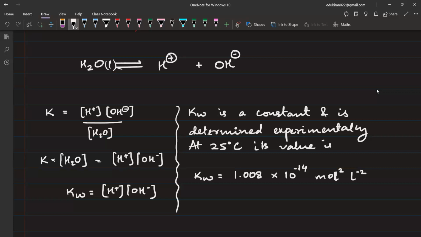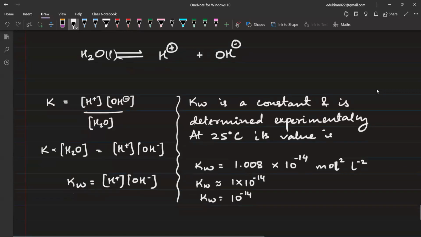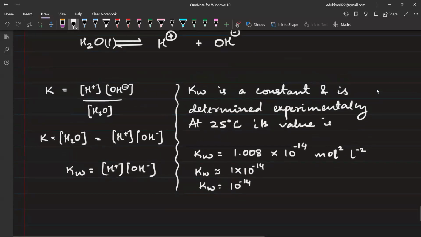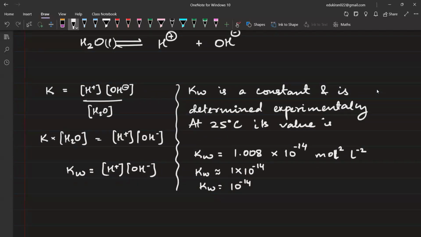Now we can approximate this value to 1 into 10 to the power minus 14, or you can say that Kw is equal to 10 to the power minus 14. Another thing is that if I increase the temperature, then the dissociation of H plus and OH negative will become easier, and the amount of H plus will increase, and the amount of OH negative will also increase.